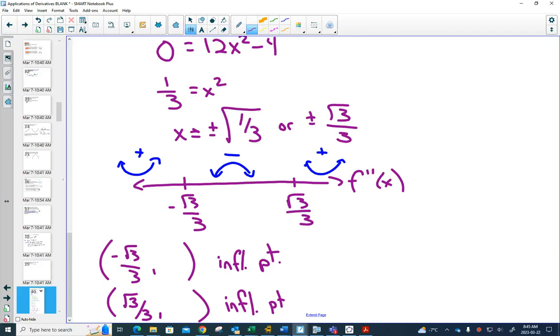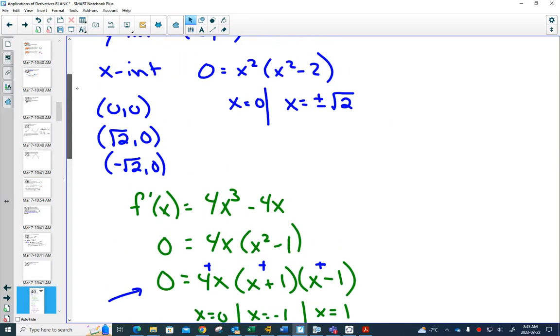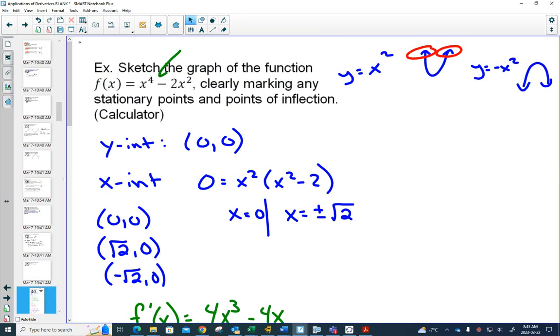And to find those values, chances are we have to plug that back into our original equation. So I scroll up to the beginning, I would have to plug in √3/3 into that original equation and figure it out.